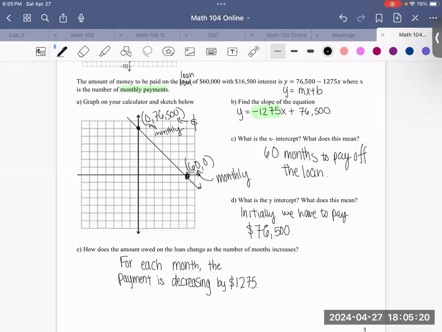So something along those lines. So again, use your graphing calculator as best as you can to figure out your intercepts and just bring meaning to your intercepts.